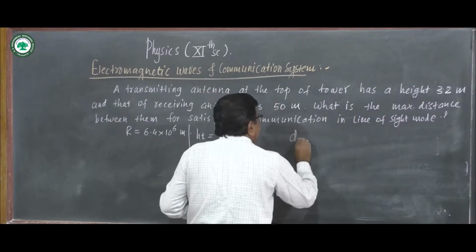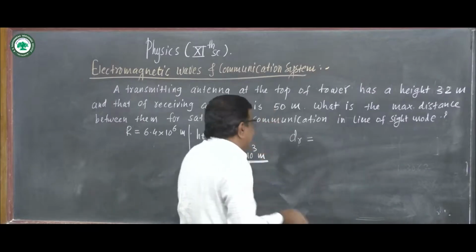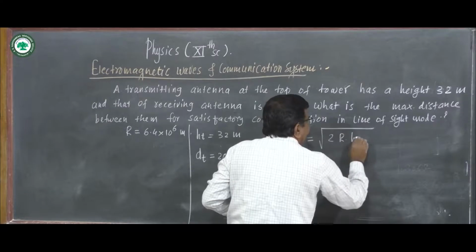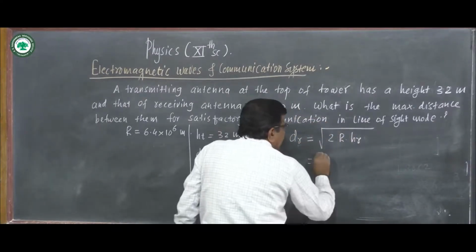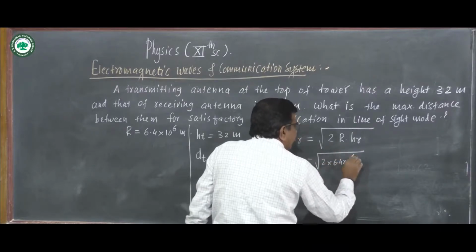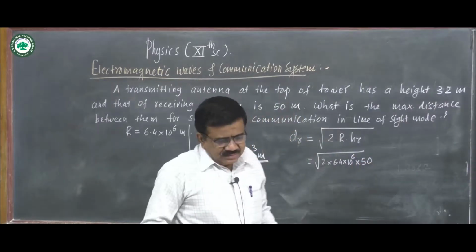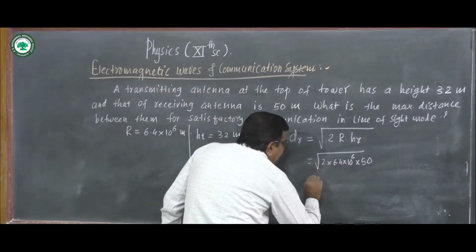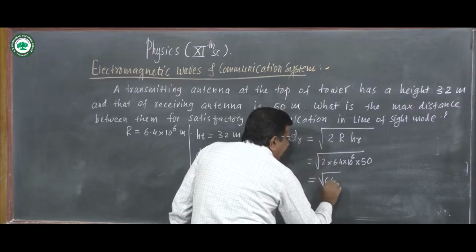This dr is also square root of 2rhr, 2 into 6.4 into 10 raised to 6 into 50. That is 50 into 2 is 100. 100 into this 6.4 is square root of 640.